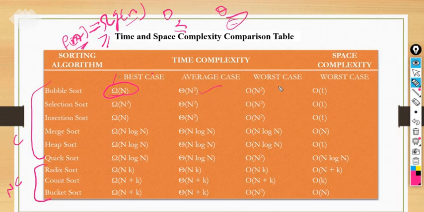So average case n square, worst case n square. And what about the space complexity? These are the terms for the time complexity, and this one is the space complexity. We always take the worst case in the space complexity. Why? Because in the worst case we decide to take the maximum space in memory that may be needed in future, so extra storage should be there for each and every execution.